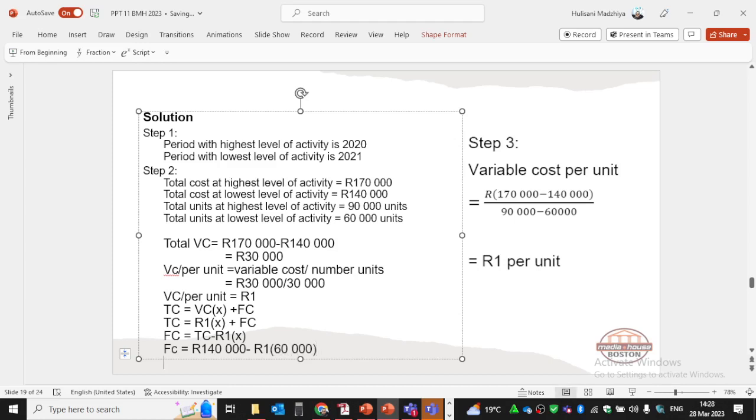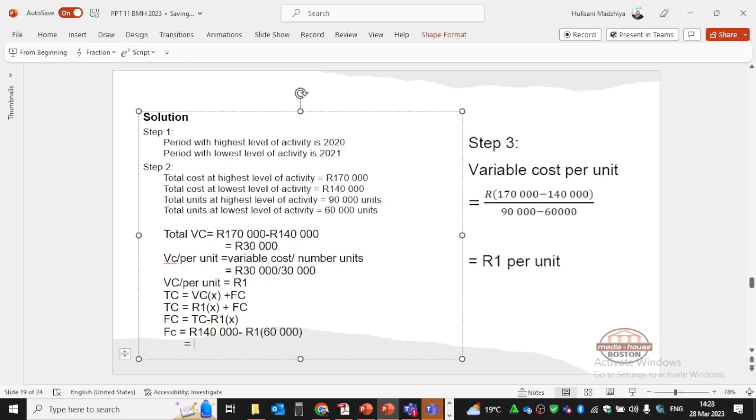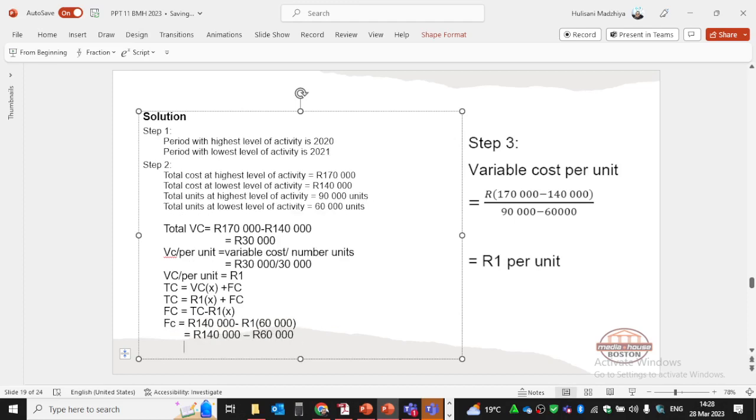So we have 140,000 minus 1 multiplied by 60,000, 1 rand multiplied by 60,000 units, so we paid 60,000. And then we say 140,000 minus 60,000. That gives us the fixed cost being 80,000. So now we've got a value of the fixed cost: 80,000.